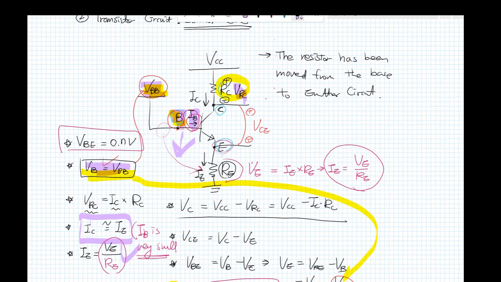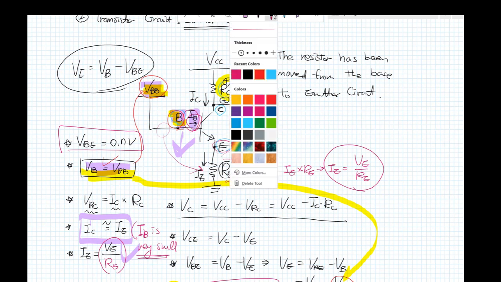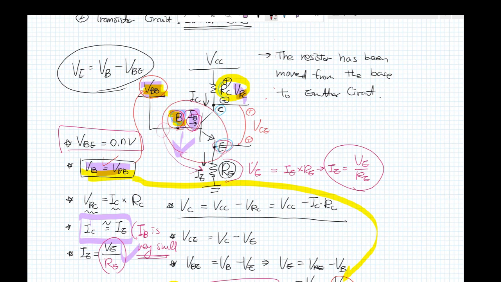Hey, professor, how can we find the V sub E? The V sub E is V sub B minus the V sub BE. Here, for this part, I'm gonna use the red one. That's right there.